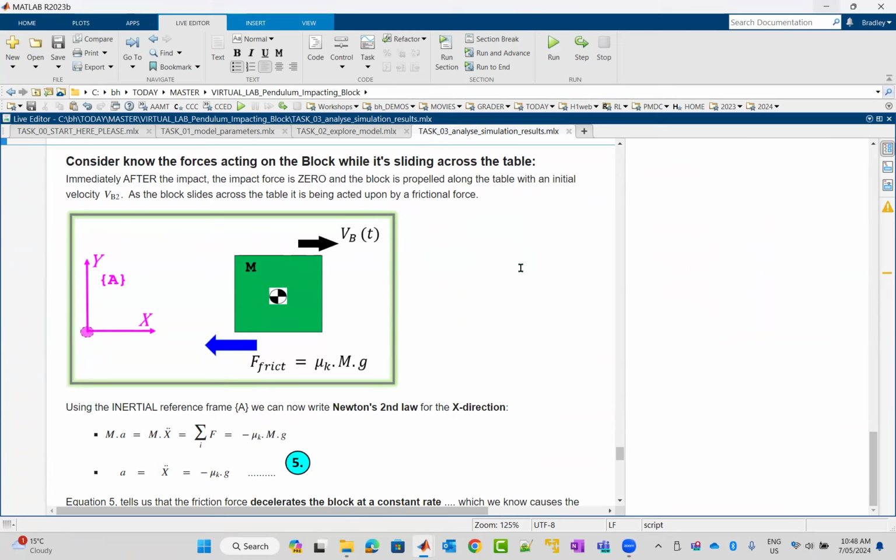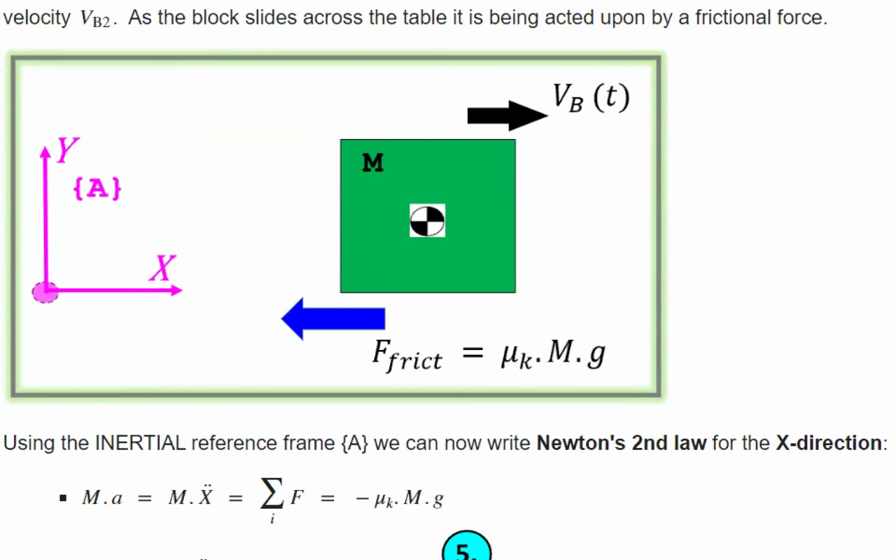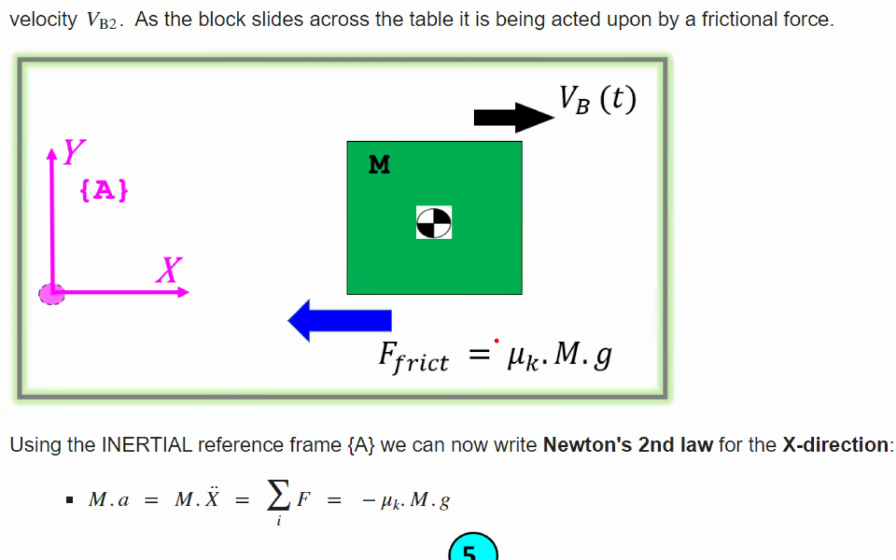If we isolate the green brick post collision, the green brick is now moving. After the impact event, as the green brick is sliding, there is only one force acting on it, and that's the force of sliding friction. You all know that the force of sliding friction is the coefficient of kinetic friction multiplied by the normal force acting on the body, which is just the weight force.